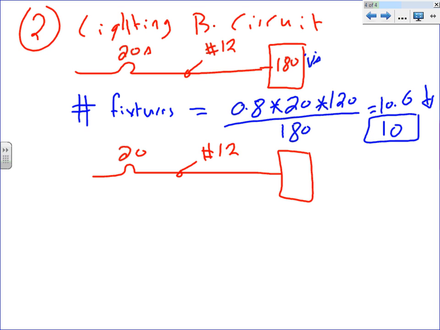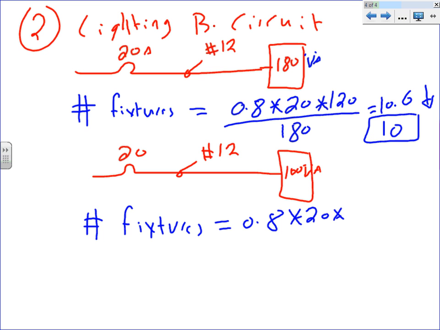So the second scenario is 100 volt-amp or less. Let's do the calculation based on 100. Number of fixtures equals 0.8 times 20 times 120 divided by 100.